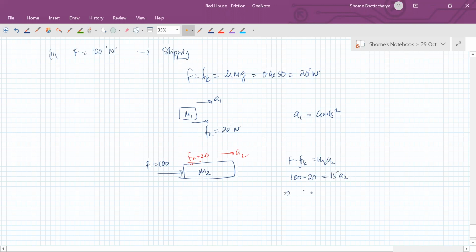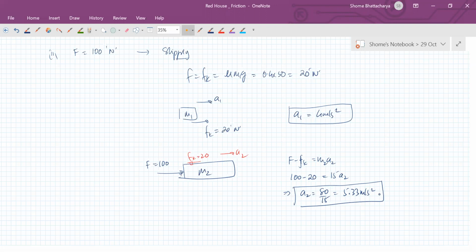So the acceleration of this block will become 80 by 15, or 5.33 meters per second square. As expected, a1 is at its maximum possible value of 4, but a2 has become faster than that because we are applying too much force. So m1 is not able to keep up with it because there isn't enough friction between them, and the slipping starts to occur.